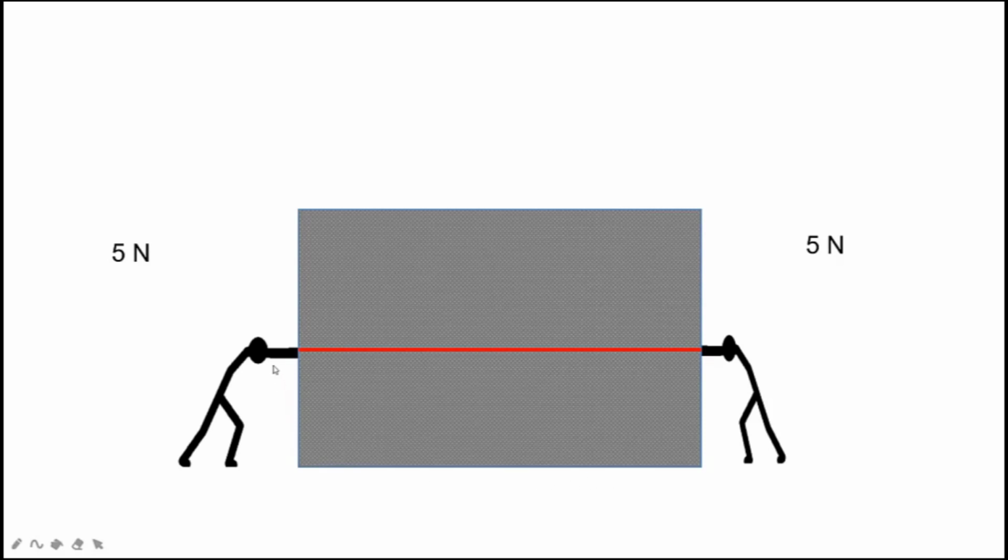But suppose one is moving here and the other is moving to the other corner, what will happen? The line of action of the force won't be the same, and hence the table starts rotating. See here, he moved here and also he moved here. What about the line of action of the force?